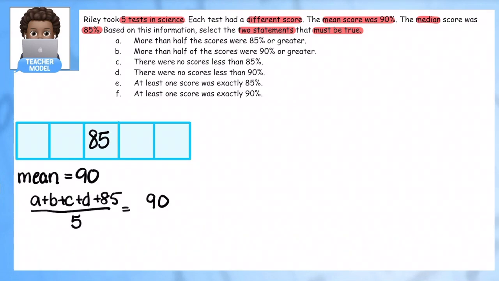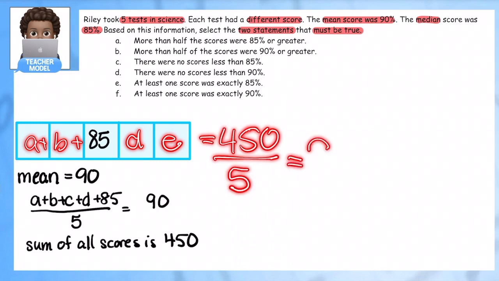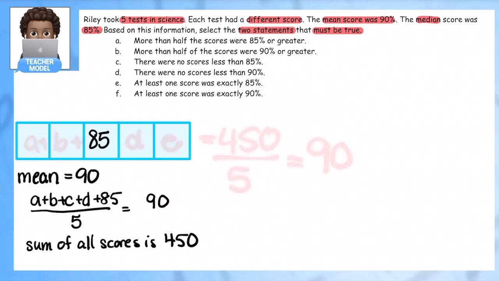So that means the sum of all scores is 450. Okay, so if you added up all of these numbers, you will get 450, because 450 divided by 5 gives us 90. Okay, so that's all we know right now.